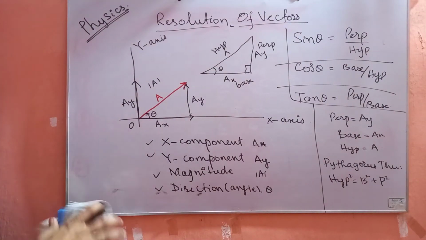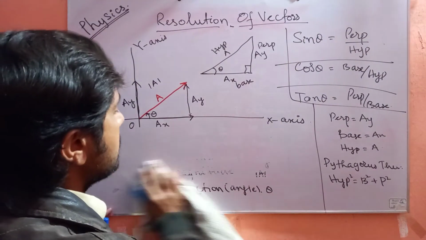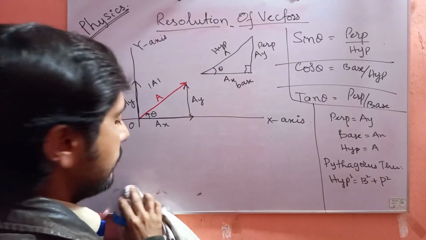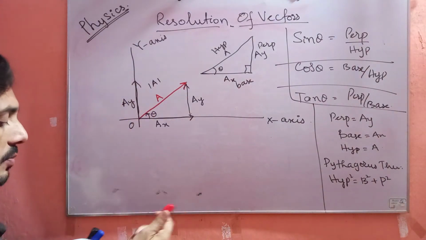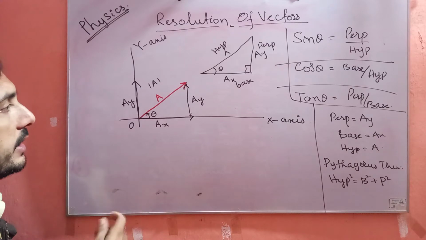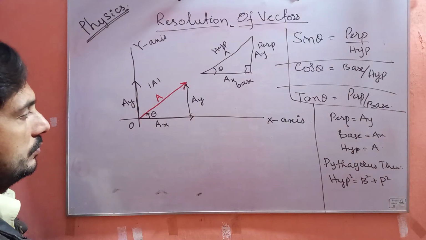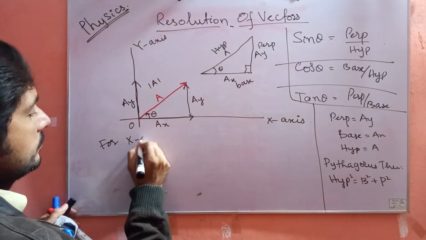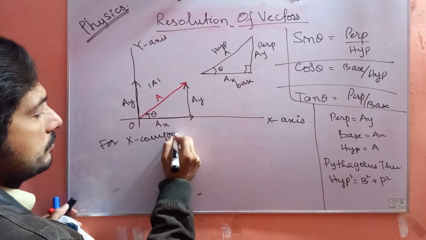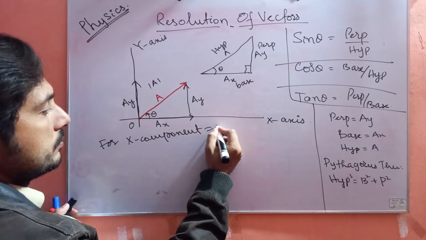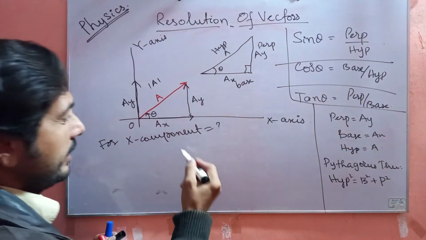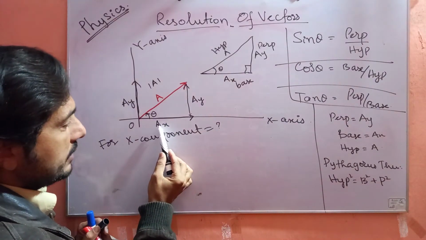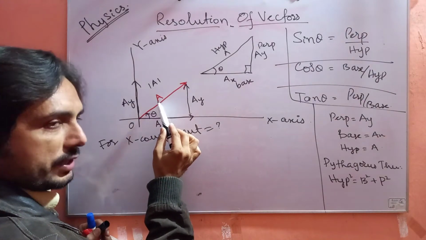First of all, we are going to determine the x component of this vector A. As you can see in this picture, we have to determine this side, and the vector is already given.